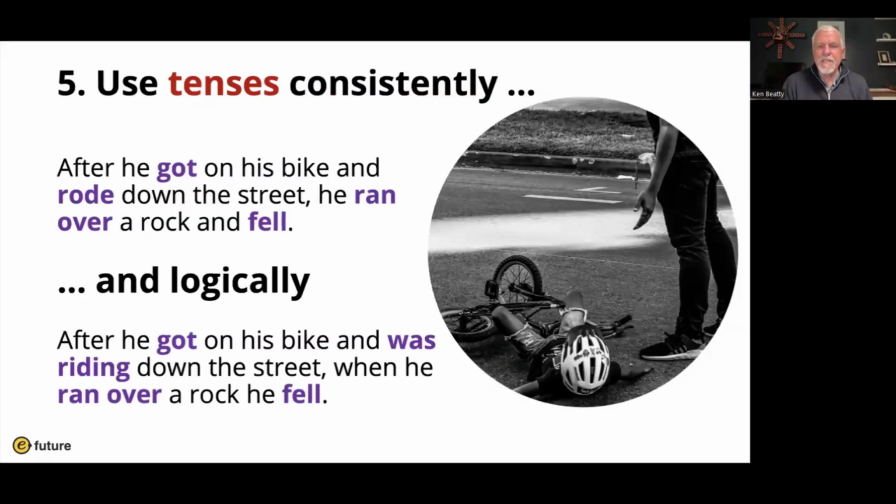The fifth one is to use tenses consistently. So to fit things together, unless we have a slightly different meaning. So he says, after he got, past tense, on his bike and rode, past tense, down the street, he ran over, past tense, a rock and fell, past tense. So all of those verbs, the tenses of that verb is the same. It's all in the past tense. Now, sometimes we change that a little bit. Logically, after he got on his bike and was riding down the street when he ran over a rock and he fell.